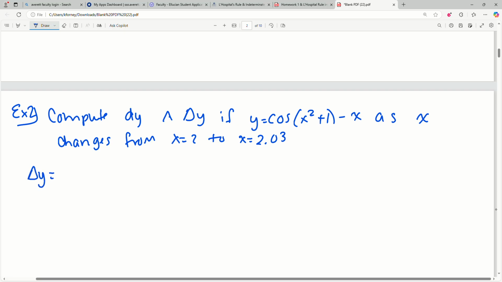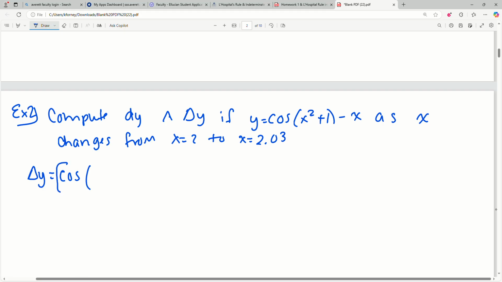So, delta y is cosine of... what we would do here to find the change in y is do the formula with x as 2.03, then do the formula with x as 2, and then subtract. The change in means the difference.